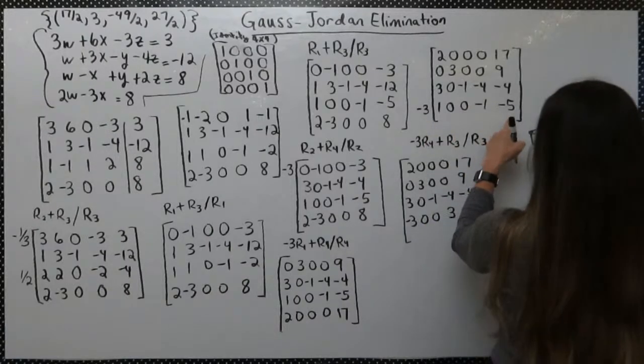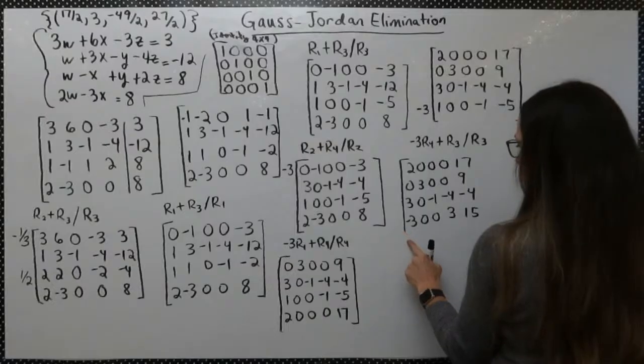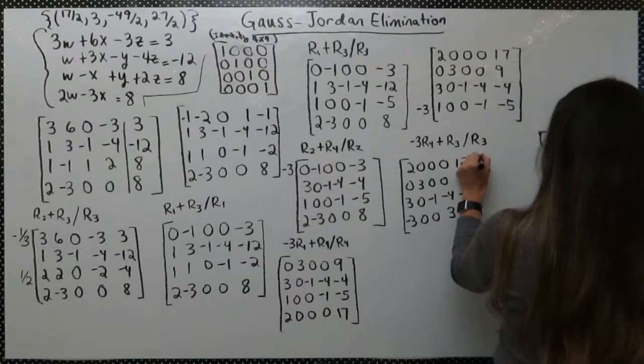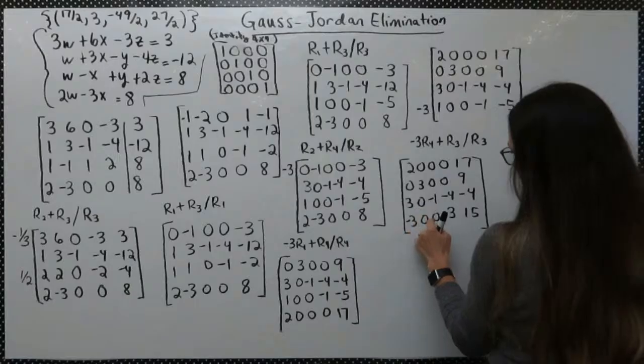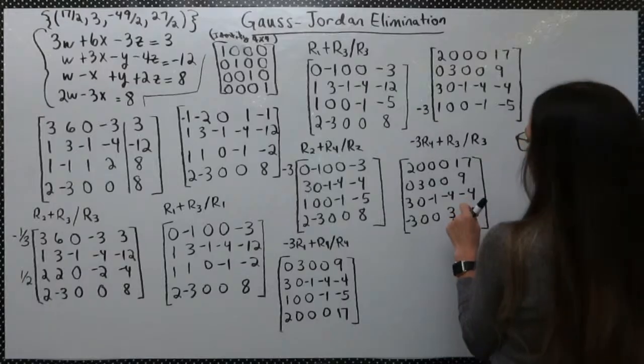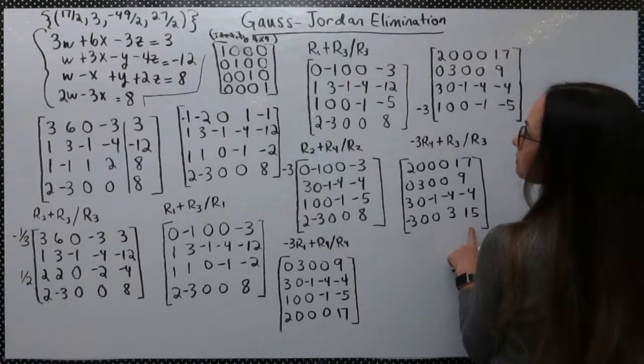And then 3 times 5 is 15. And 2 negatives make a positive, so we're going to be positive. All right, so now 0, 0, -1, -1, 11. Okay.